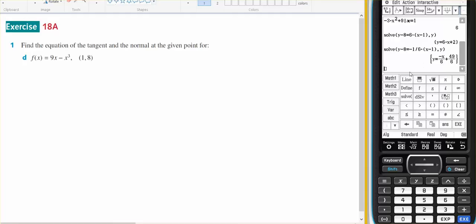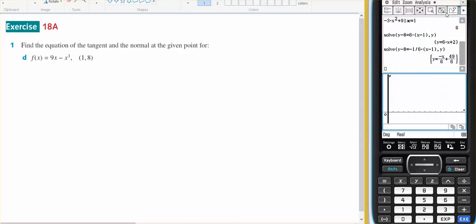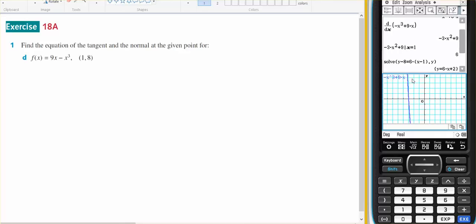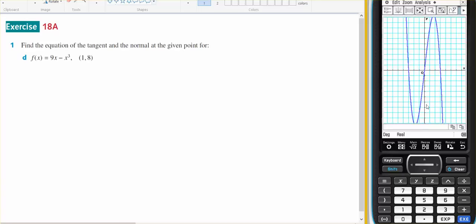I have other ways of finding equations of tangents and normals on my calculator. I could graph my function and I could resize.